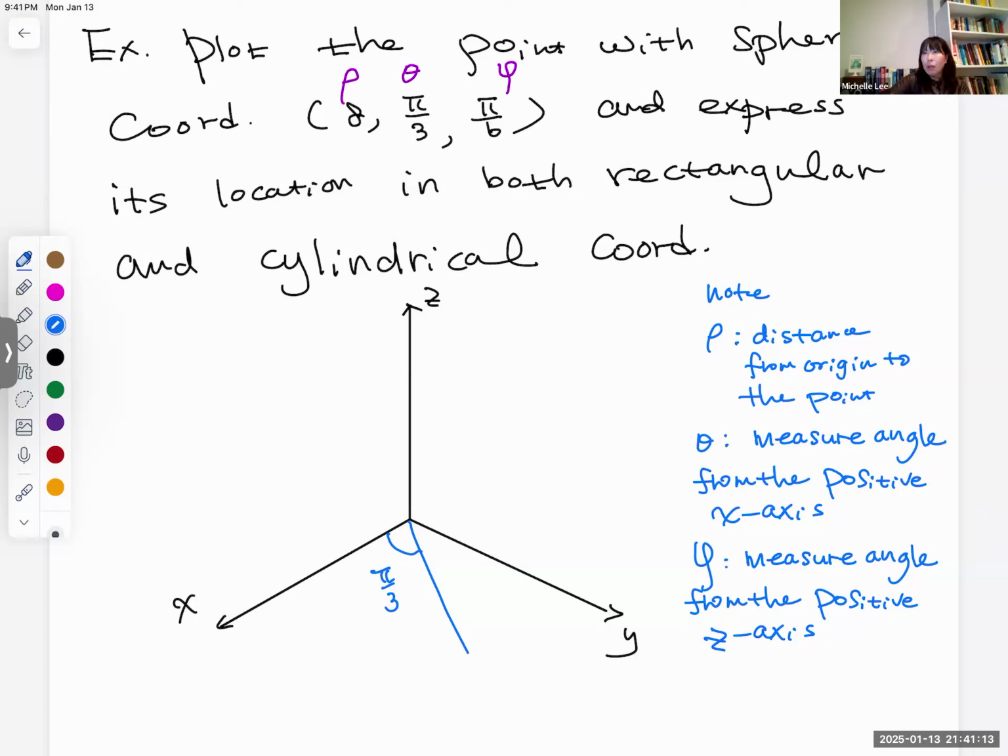Okay, now phi is pi over 6. So we knew phi is between 0 and pi, right? So it must be between here, right? Then pi over 6 about there.